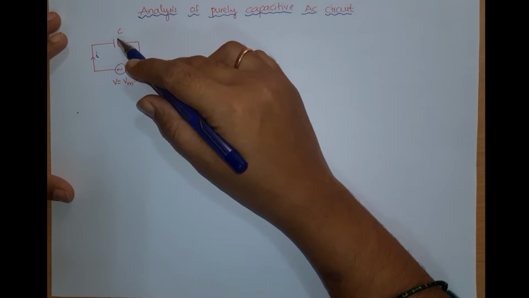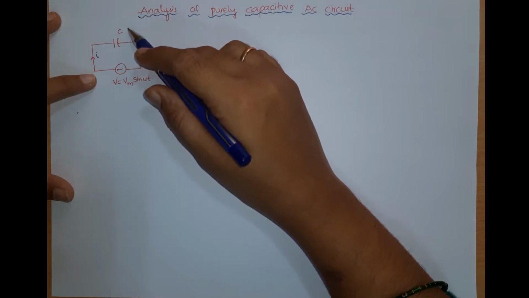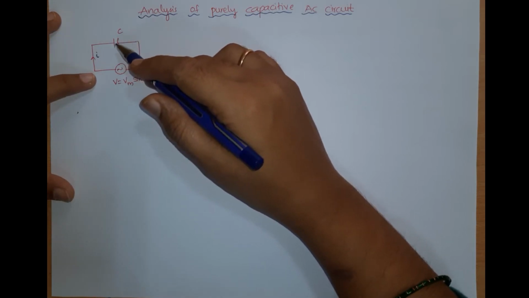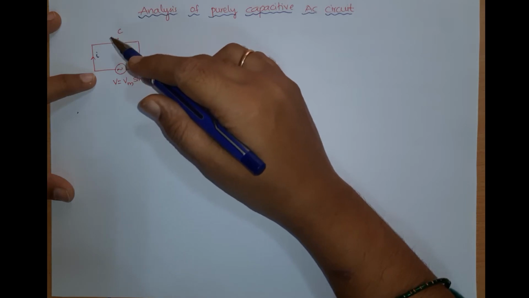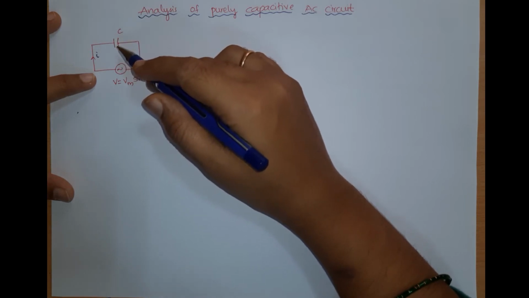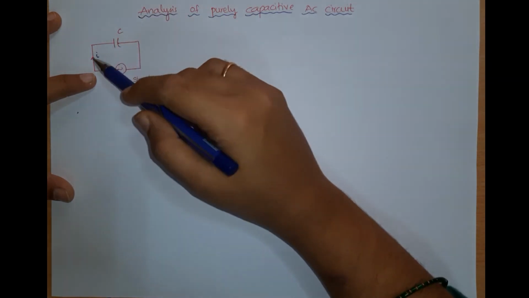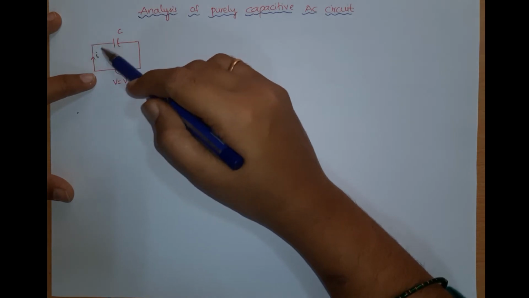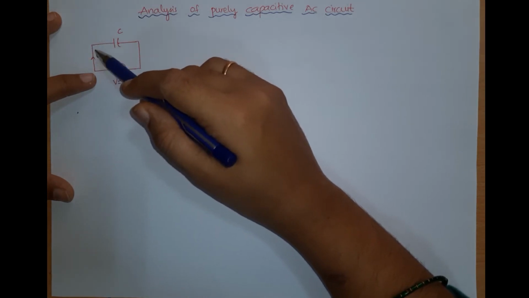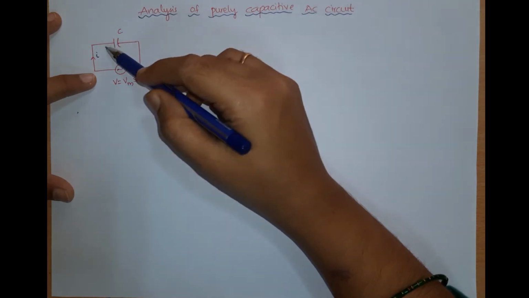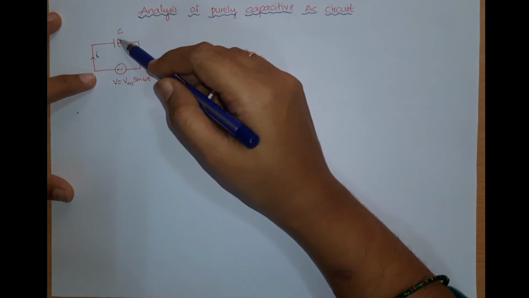We know that when some amount of DC voltage is impressed across the plates of a capacitor, it becomes fully charged, and after that it acts as an infinitely high resistance. That means whatever current or voltage you apply, it will not be able to transfer it to the other side of the plate.